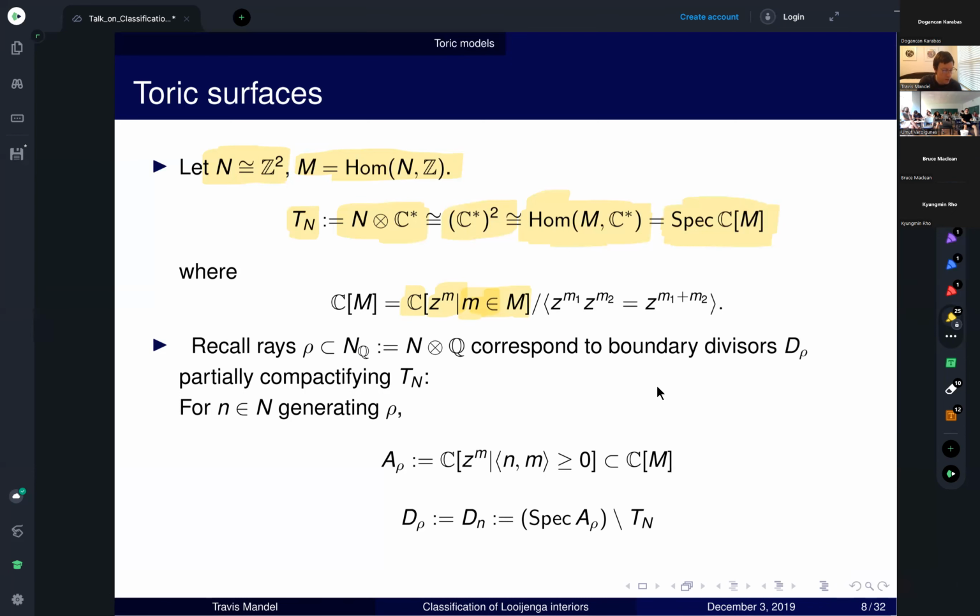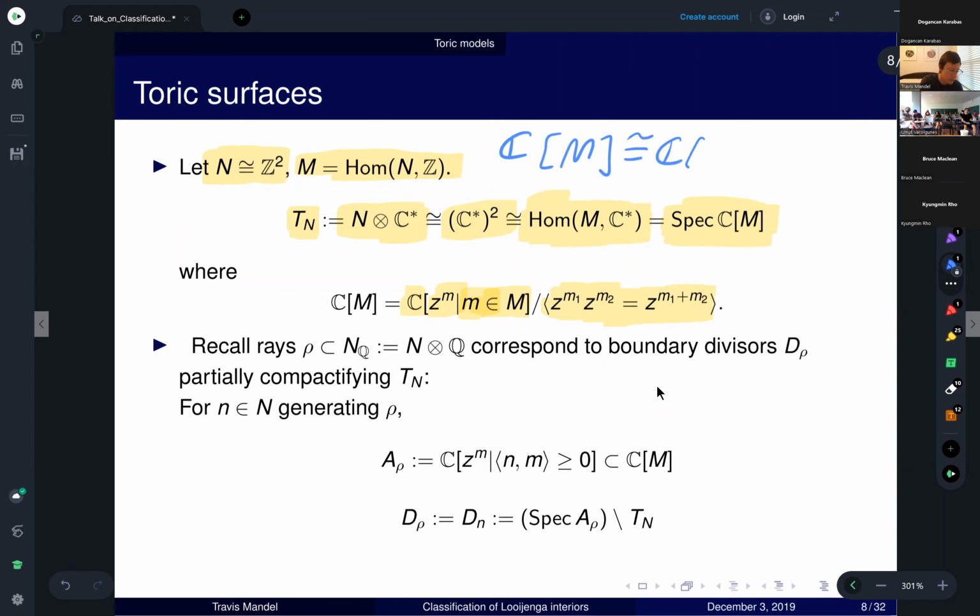And then you have relations z to the m1 times z to the m2 equals z to the m1 plus m2. This is addition in your monoid or in your lattice. Another way to write this, since M is rank 2, is C adjoin x to the plus or minus 1, y to the plus or minus 1. You can identify these two.